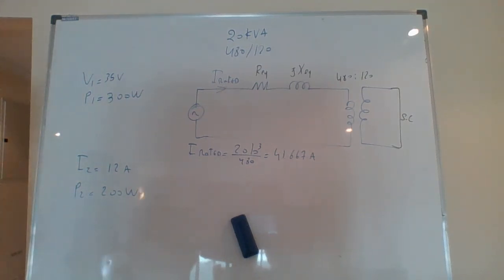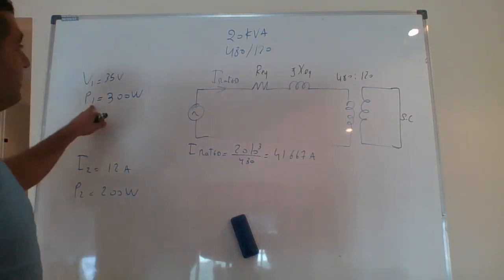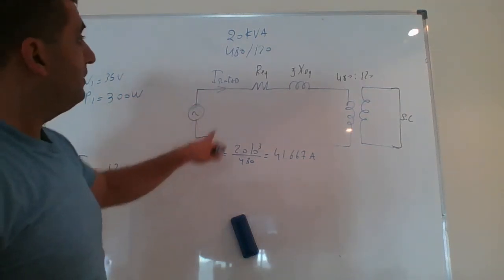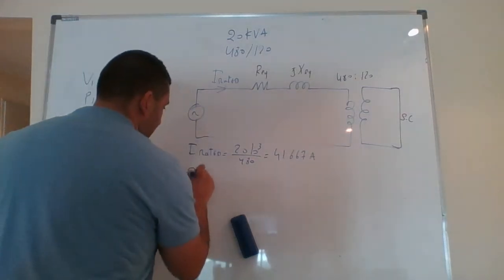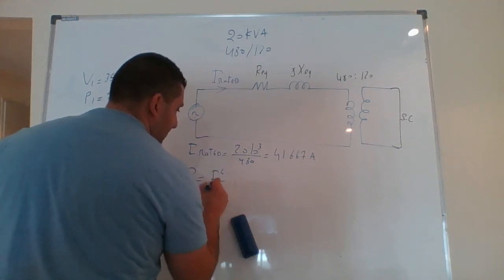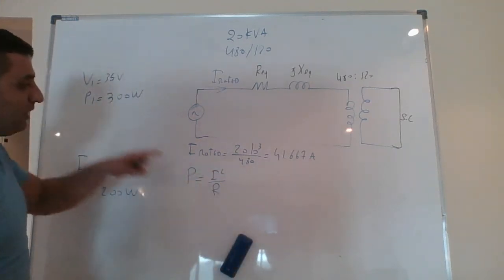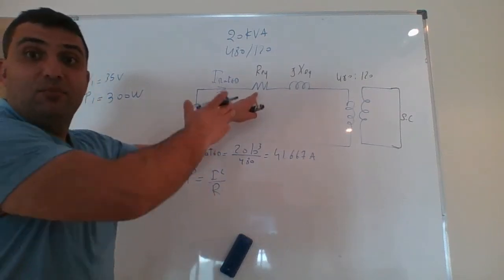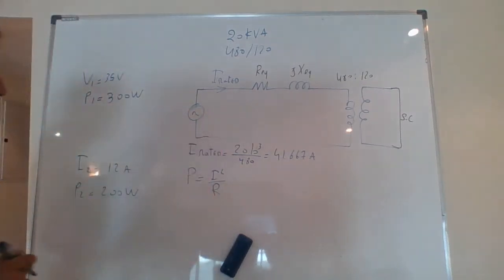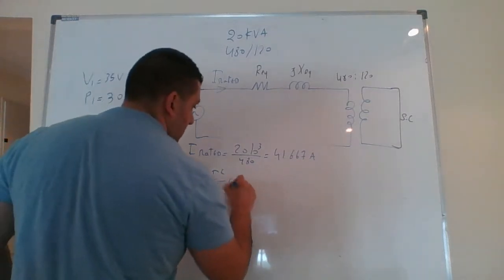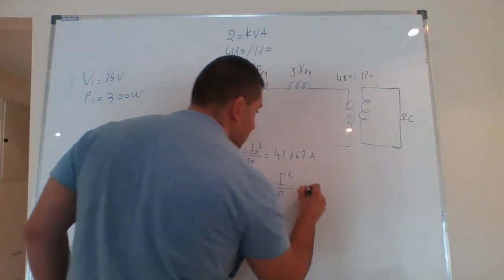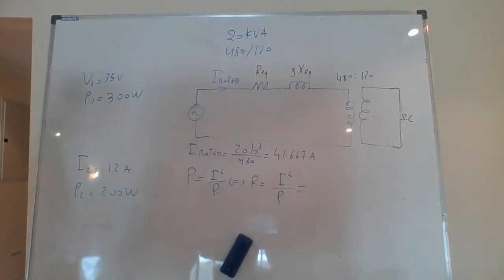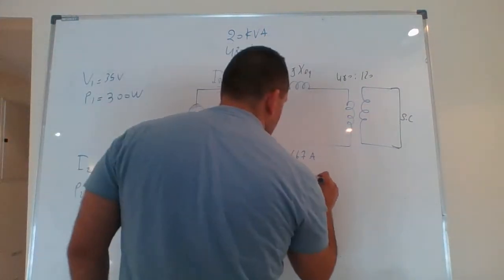Now, great. I have the power and I have the current. I can find R equivalent, can I? The real power reflects only the resistance value.